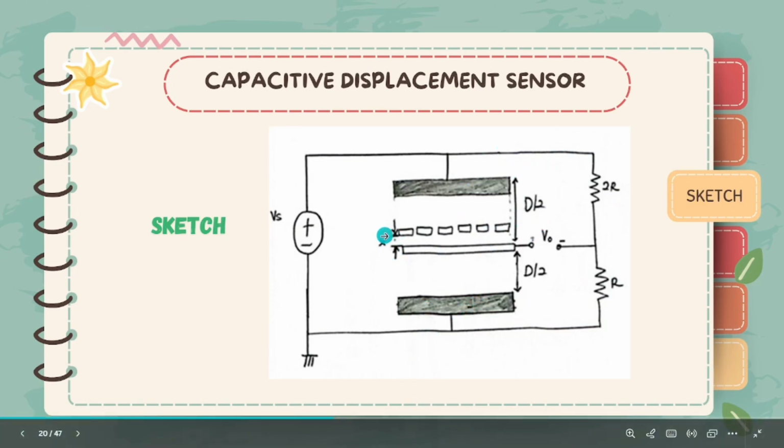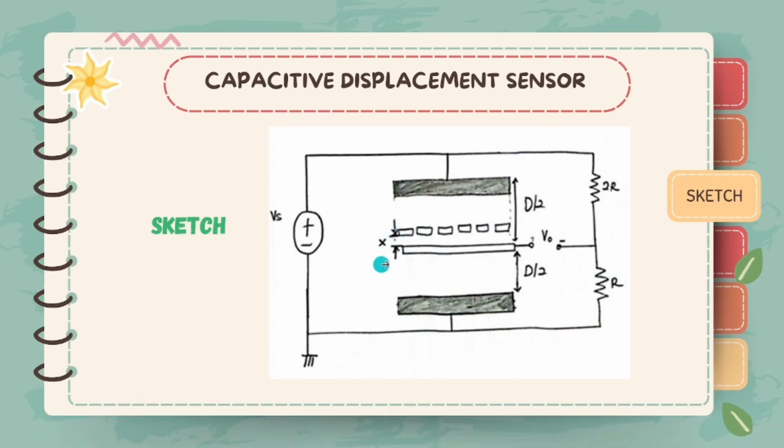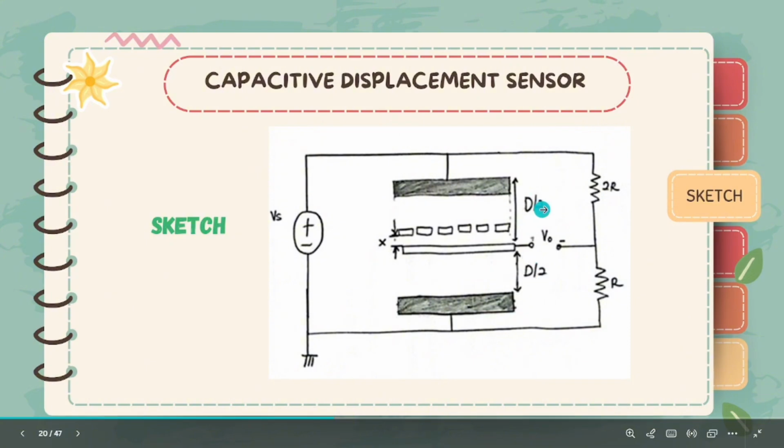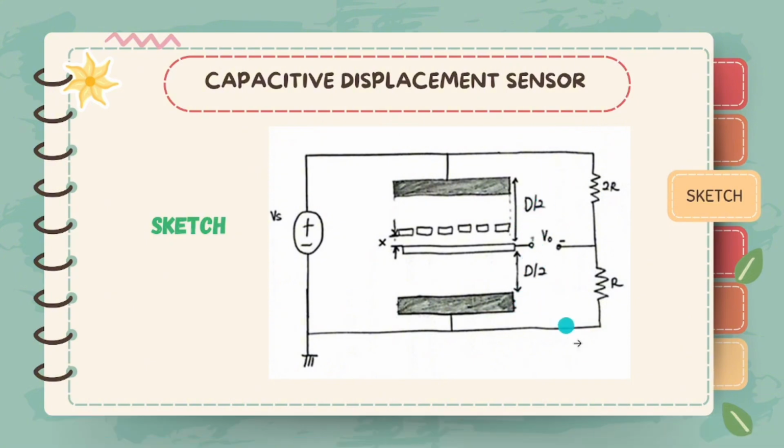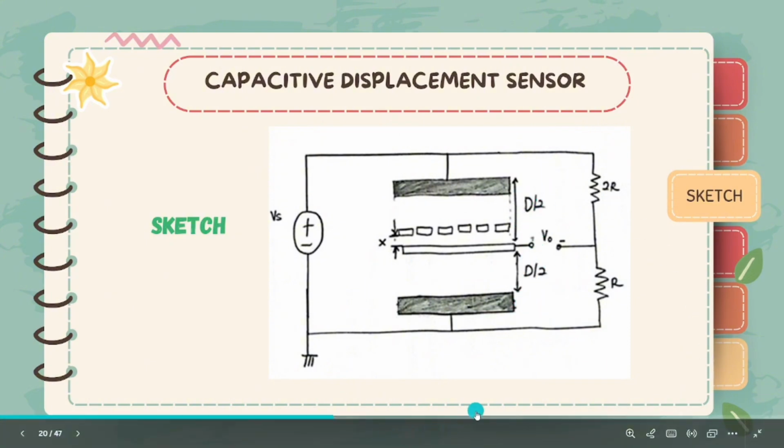The part marked X is the moving object, or the moving plate. When it moves, the gap distance between these two plates changes, as shown over here. So changing the gap changes the capacitance. So this is the sketch part.